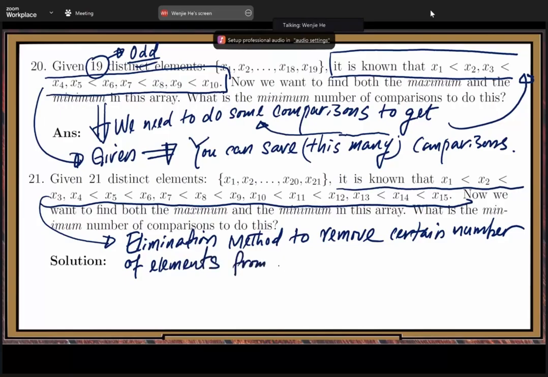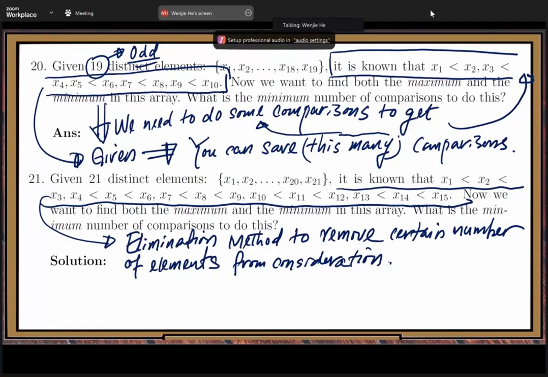Because if you look at the given inequalities, some of the elements cannot be the maximum and cannot be the minimum.